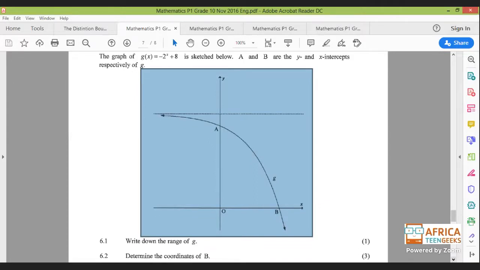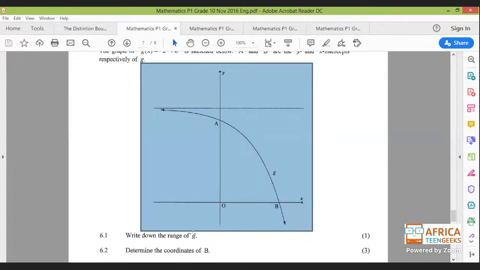Yesterday we did the range. I said the range is the maximum that the y-axis can reach. There's also this thing called domain. Domain is the maximum where x can reach, in simple English.